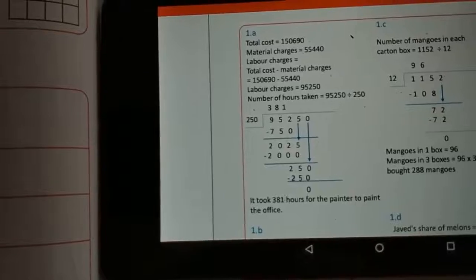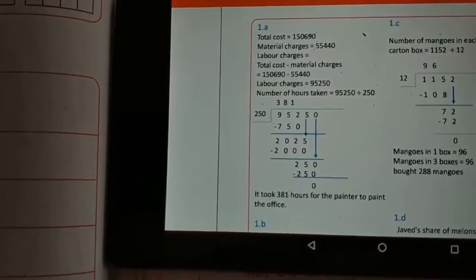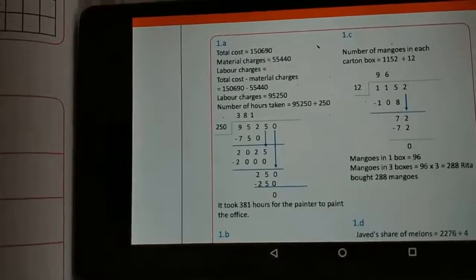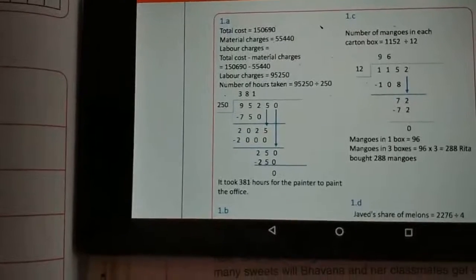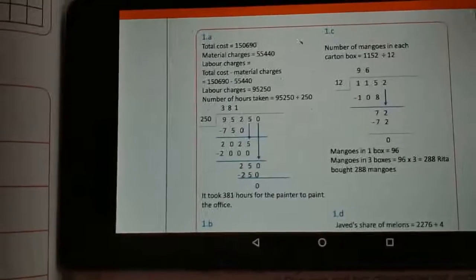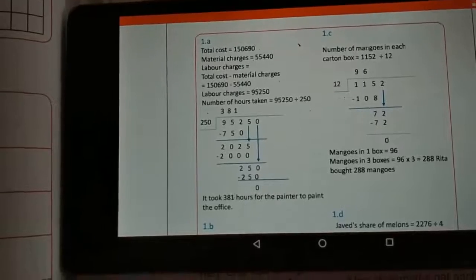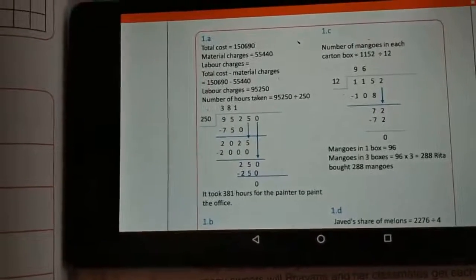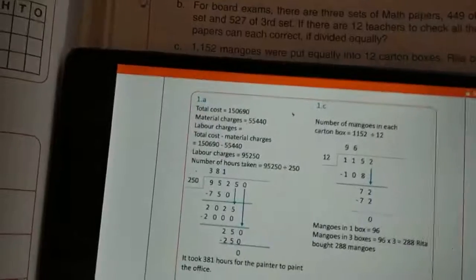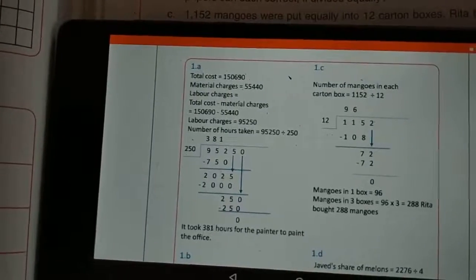I'll give you 1 minute to complete it. Okay students, I hope your work is complete. Now we'll start the second question.